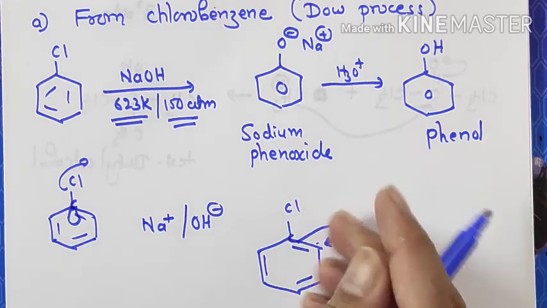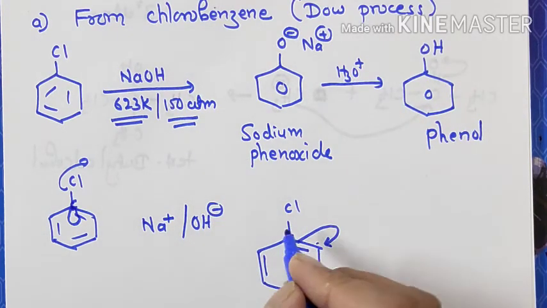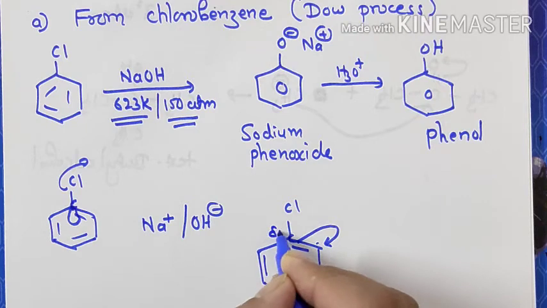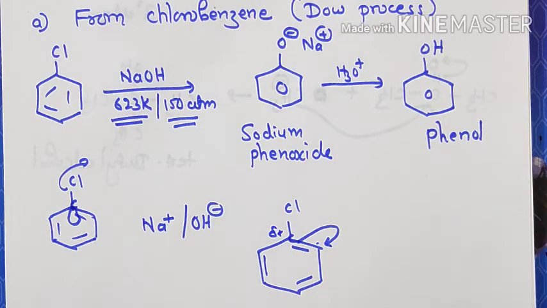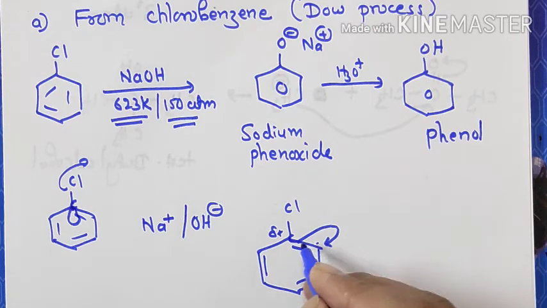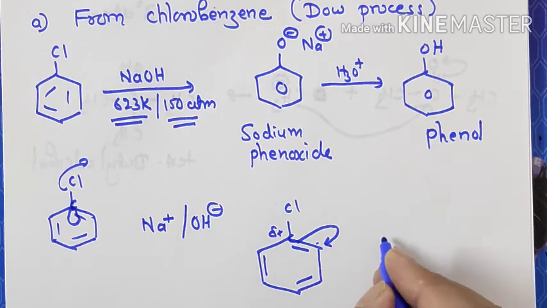Chlorine is electronegative and pulls the electrons, so the charge on this carbon is partially positive. When this bond breaks, this carbon becomes sp3 hybridized, and a positive charge is possible on it. So this bond breaks.